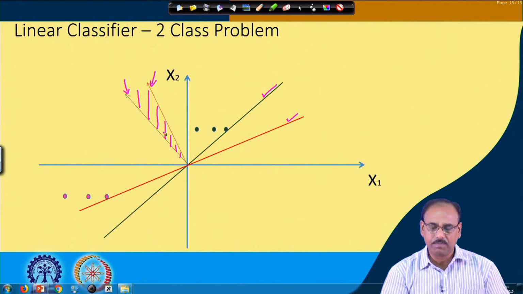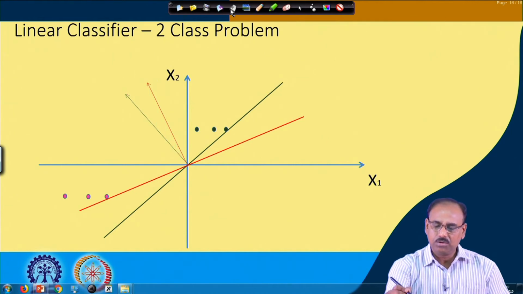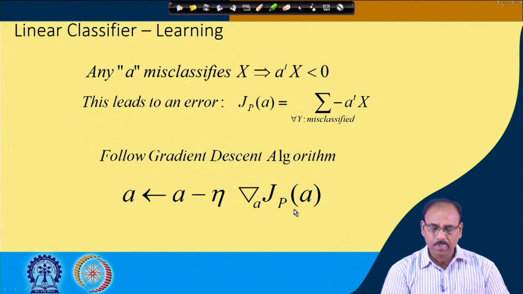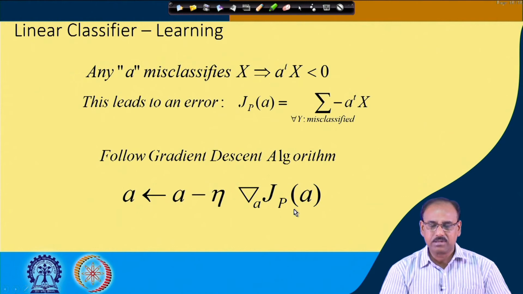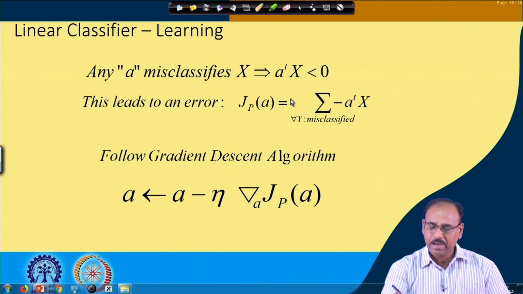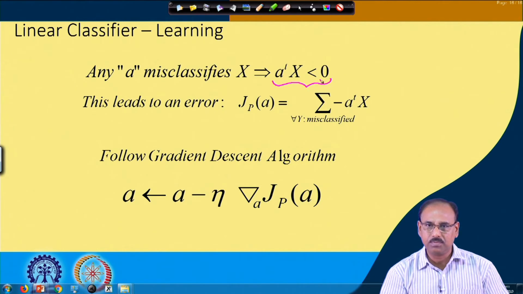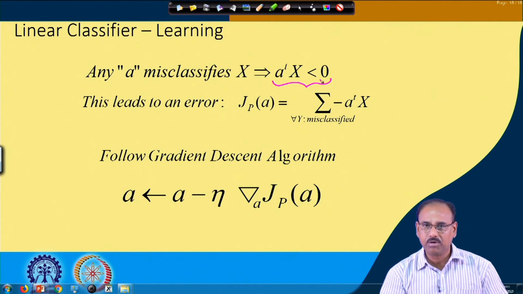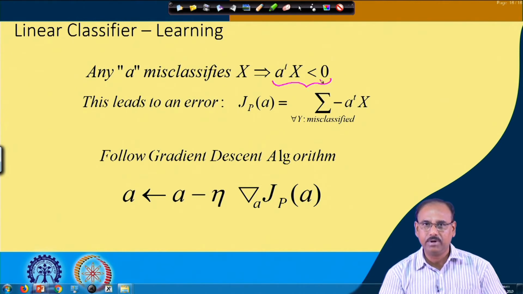So, the approach for designing a linear classifier should be such that I get a solution vector lying within this solution region. In order to do this, for every x which is misclassified by A, I should have the condition that A transpose x is less than 0. You remember that all these feature vectors x that we are talking about are training vectors.